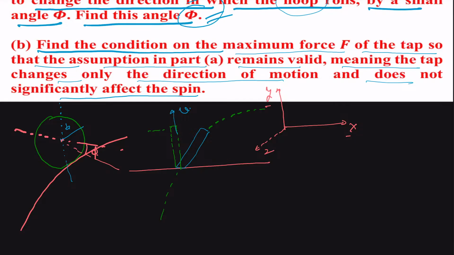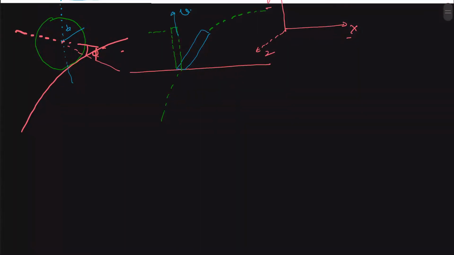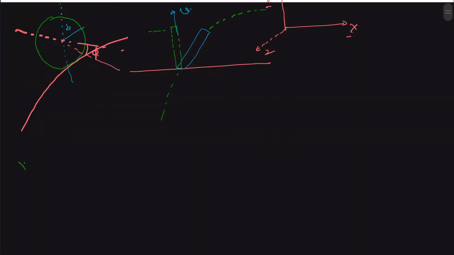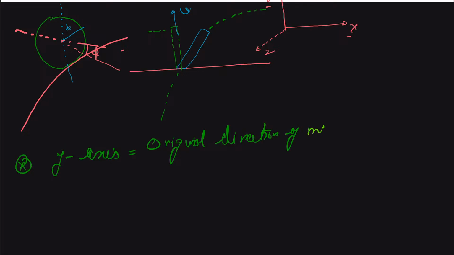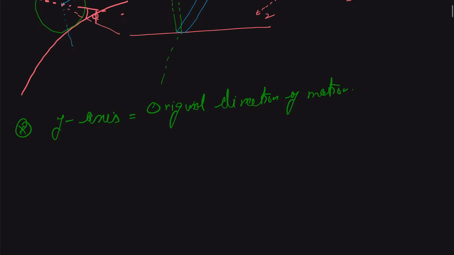So we consider the three vectors, and we consider that our y-axis is the original direction of the motion when it was traveling in the straight line.